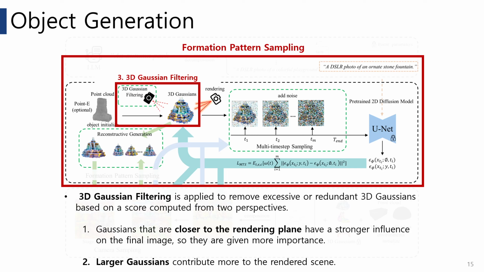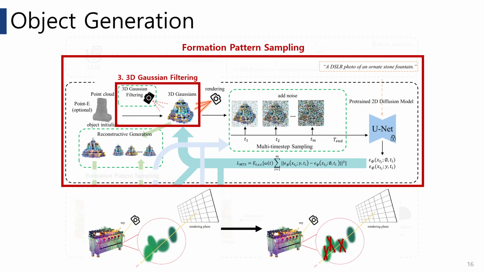Second, larger Gaussians contribute more to the rendered scene. Using this score, DreamScene gradually removes unnecessary Gaussians throughout the optimization process, ensuring that only the essential Gaussians remain to accurately represent the scene.